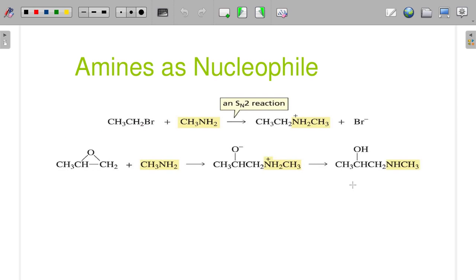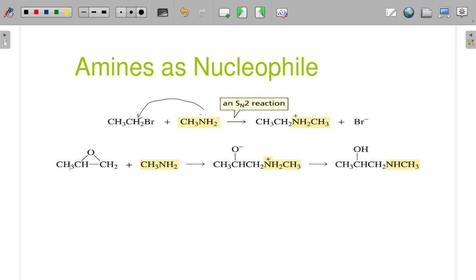So we can get them to behave as nucleophiles, but rather than actually doing a full SN2 where they fully replace things, they do this weird little thing where when they go in there and attack, they keep all their H's together. So we end up making a stable quaternary amine, or a charged nitrogen.